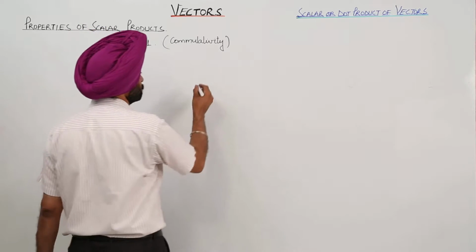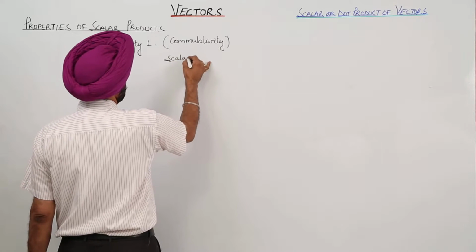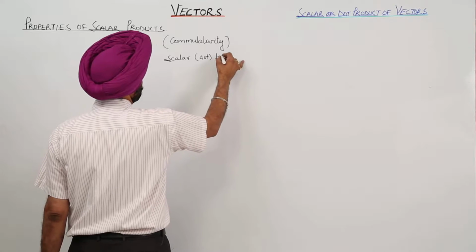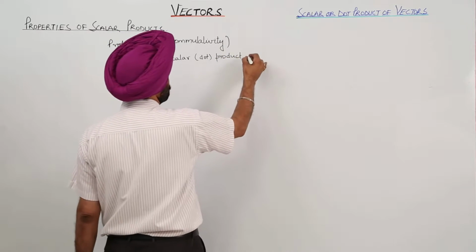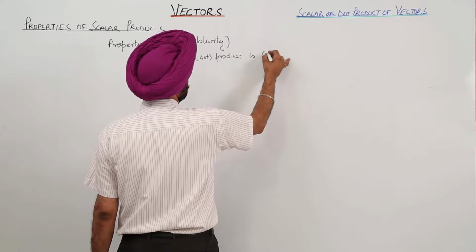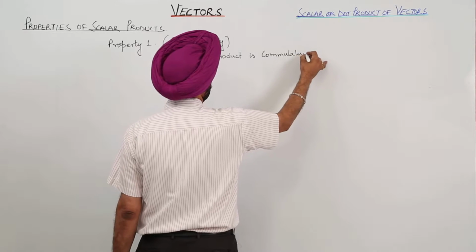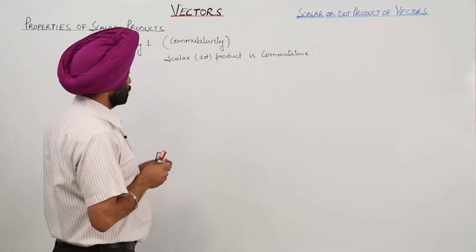This term means scalar or dot product is commutative. Scalar or dot product is commutative.